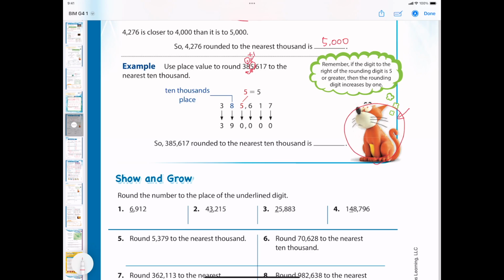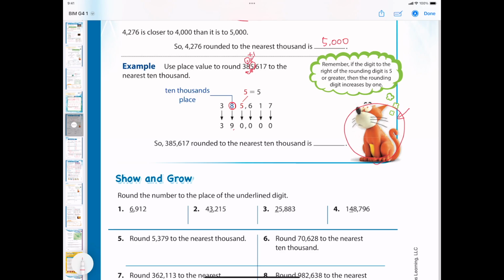All right, so let's go ahead. Our target is the 10,000 place, which is the digit 8, but the place value is 80,000. Now 380,000. Hold on, no. So the number 385,617 is close to 380,000 or 390,000.